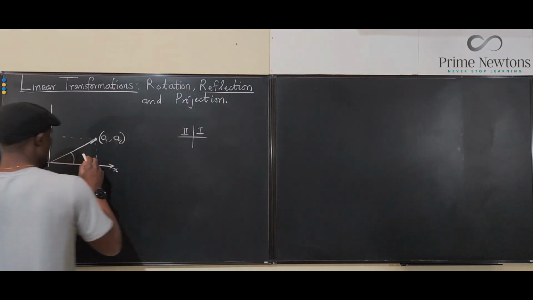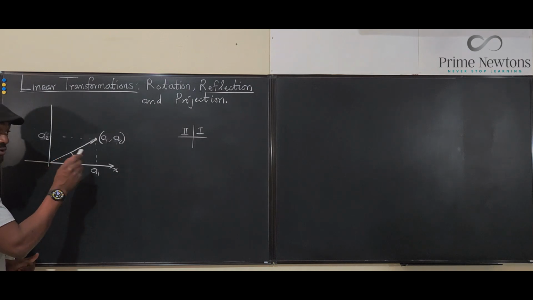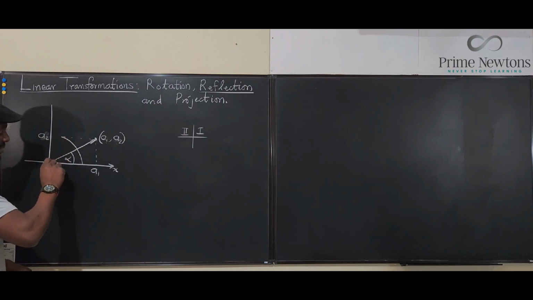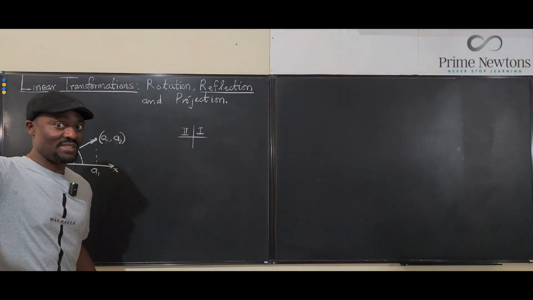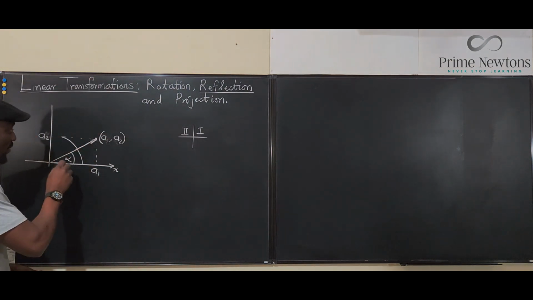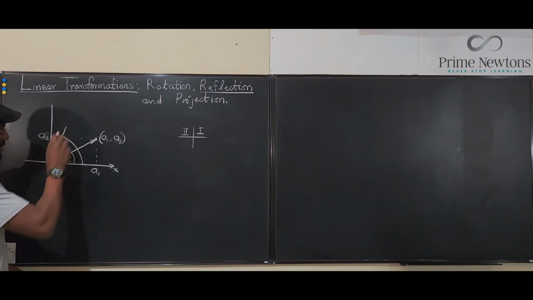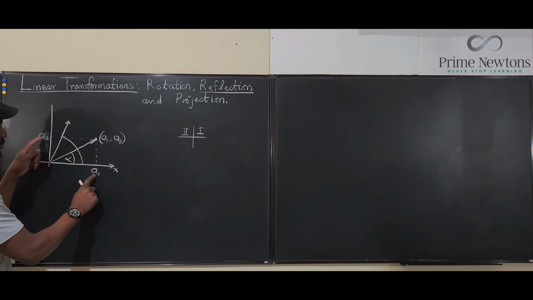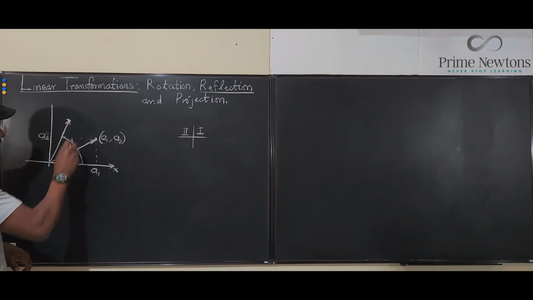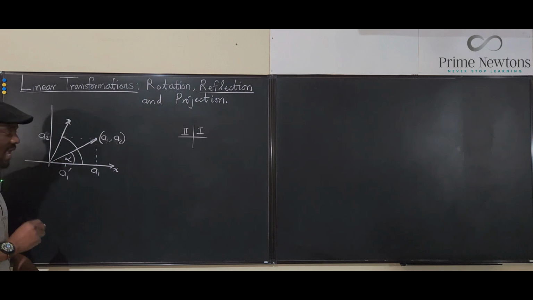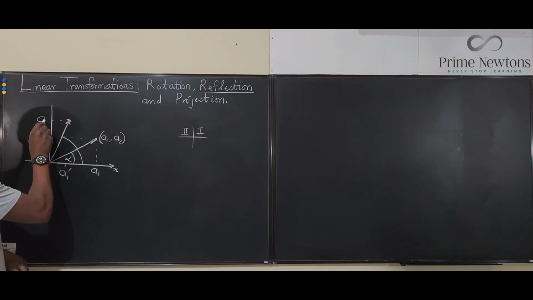When this vector rotates through an angle, let's say the original angle was alpha, and I want to add some more. Remember, the length does not increase. What changes is just the position of the end of the vector. It is no longer these two points. The point has changed. It is now some point here, which I can call A1 prime, and some point here, which I can call A2 prime.